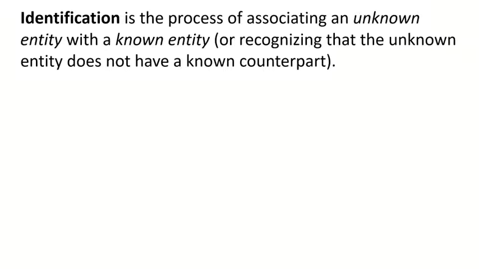So that means to say you have discovered something new. In other words, identification is a judgment that some perceived object is similar enough to a known entity that it falls within the criteria of belonging to the same class as the known entity.